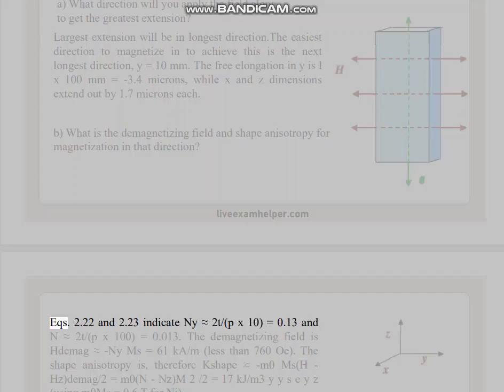From the demagnetizing factor tables, Ny is approximately 2t/π×10 equals 0.13 and Nz is approximately 2t/π×100 equals 0.013. The demagnetizing field H_demag is approximately N Ms, equals 61 kA/m, less than 760 Oe.